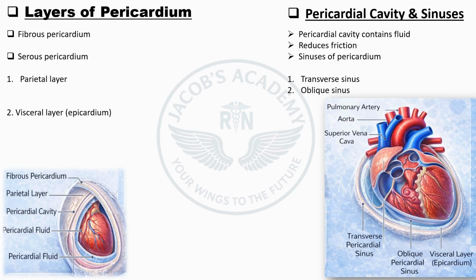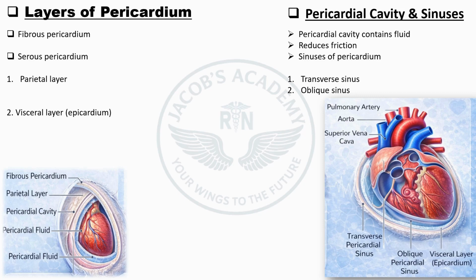There are two important sinuses present in the pericardium. The first is the transverse pericardial sinus, which lies between the great arteries and the veins, and the second is the oblique pericardial sinus, which is located behind the left atrium.